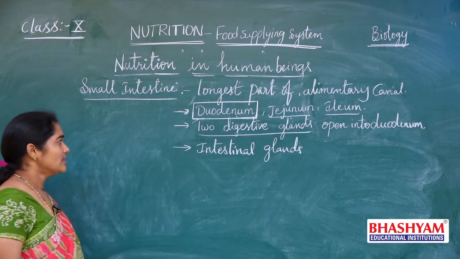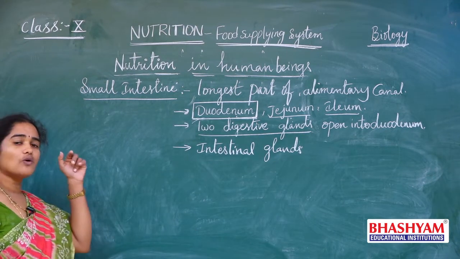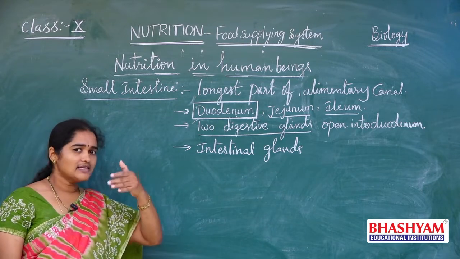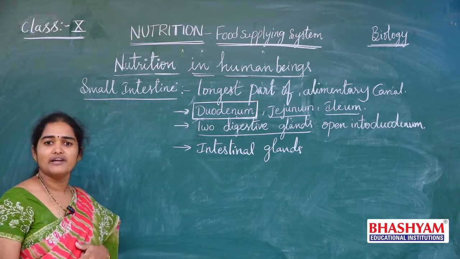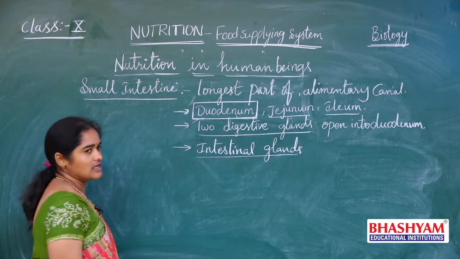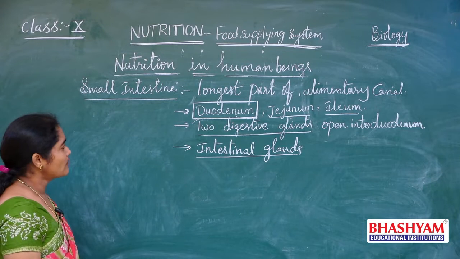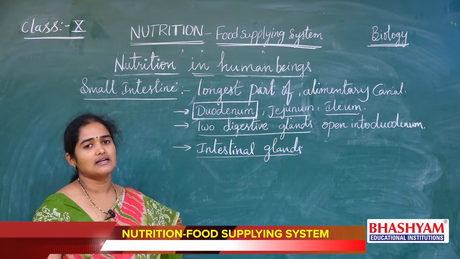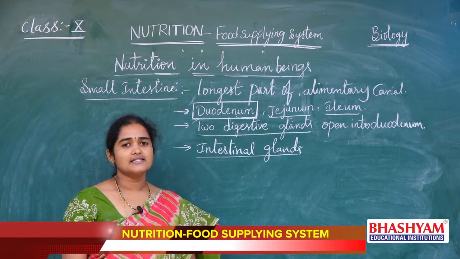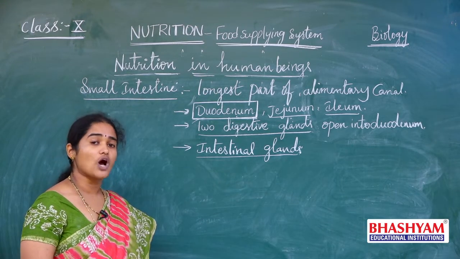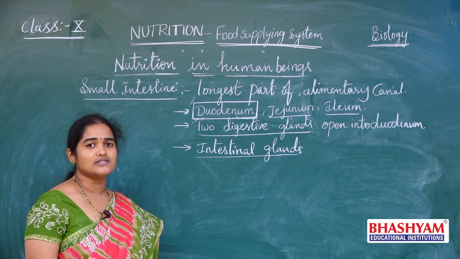So totally two digestive glands open into the duodenum, and along the entire length of the small intestine we can see the presence of intestinal glands. Now let us see the important glands that open here, what juice is secreted, what enzymes are produced in the juice, and how they are helpful for the digestion process.